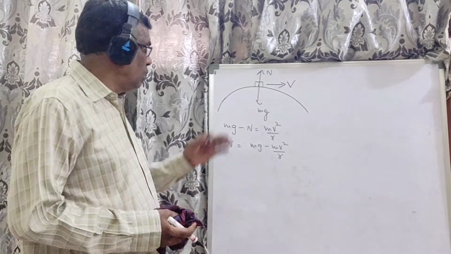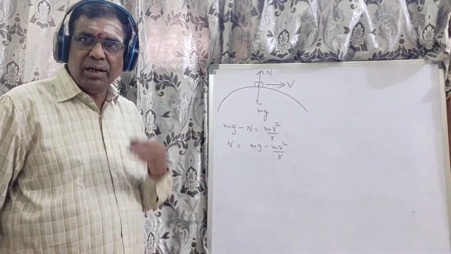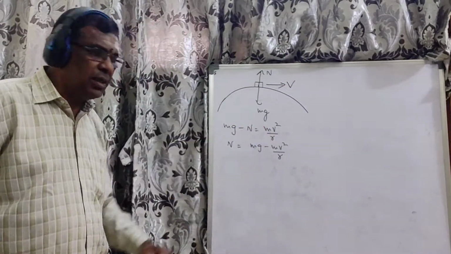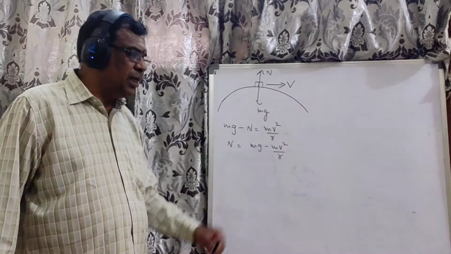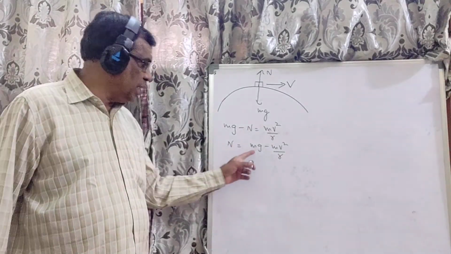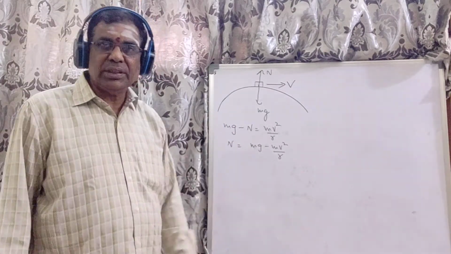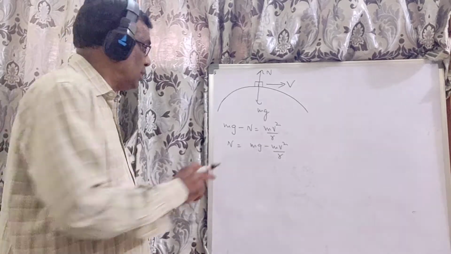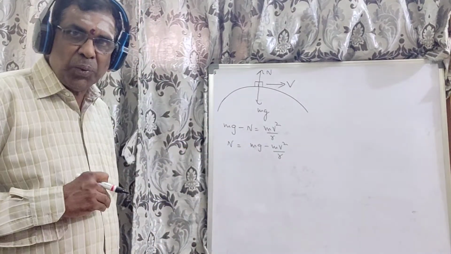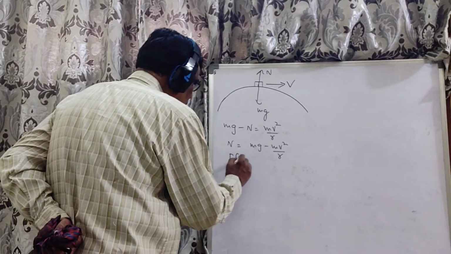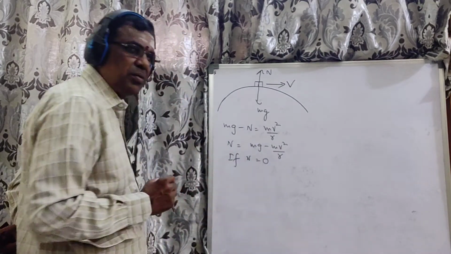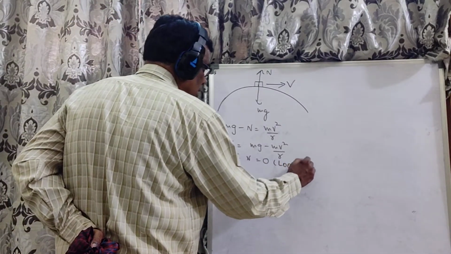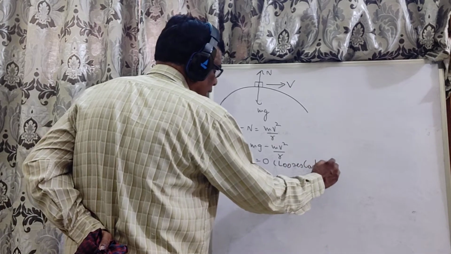Now look, whenever there is a speed breaker or something, and a vehicle goes at the top of it, we are looking at this. What could be the normal force? We're getting mg minus mv square by r. That means there is a chance that this might become 0. If N is 0, what does it mean?